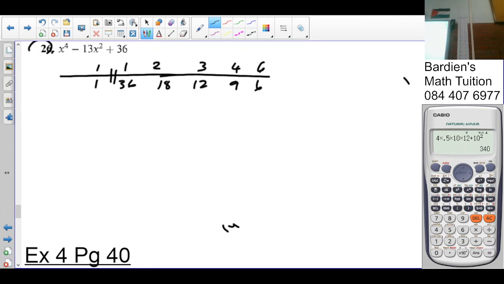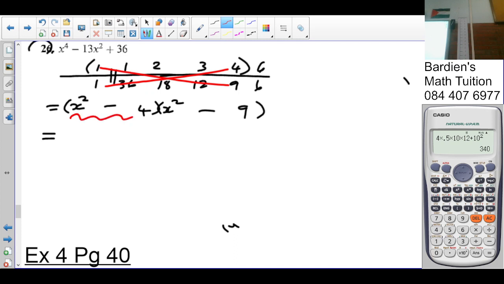We're adding, what must it add up to give you? 13. So it's going to be 9 and 4. In the bracket goes x squared and 4, x squared and 9. What about our signs? Same signs. Both are going to be negative. Do we stop there? No. Difference of two squares on both brackets. So I'm left with x plus 2, x minus 2, x plus 3, x minus 3.